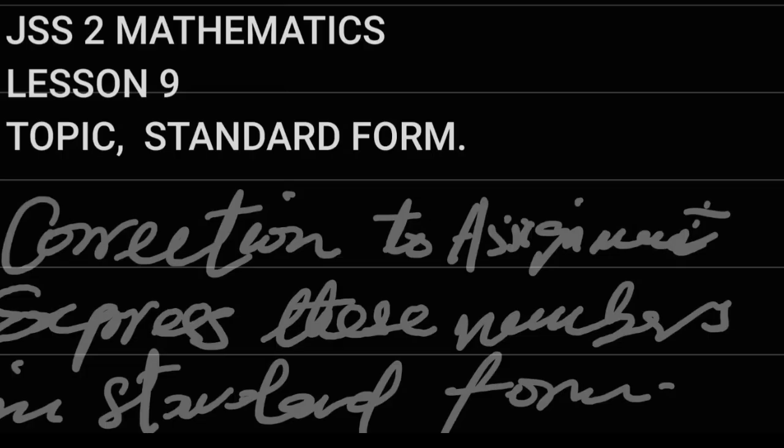And then if we still have time, we may now look at standard form of numbers less than 1. What we are doing now is standard form of numbers greater than 1. We'll do this correction, then standard form of numbers less than 1. We might do it today or in the next lesson.